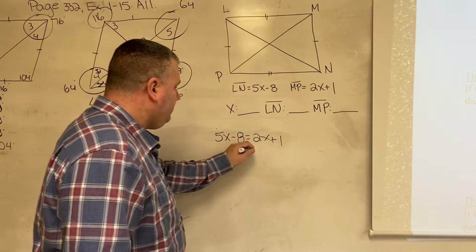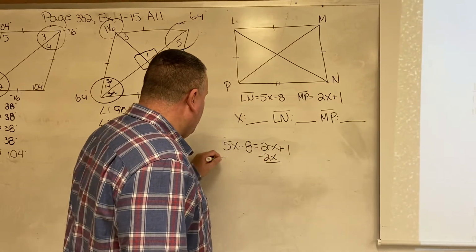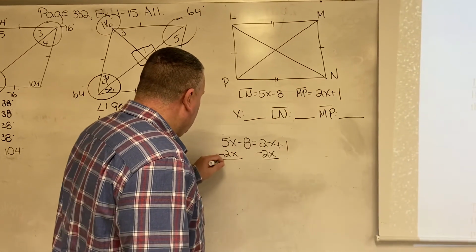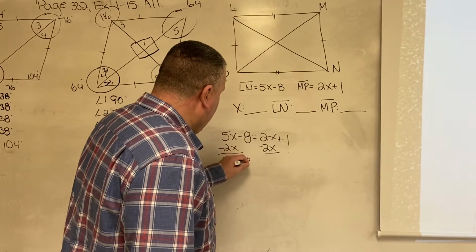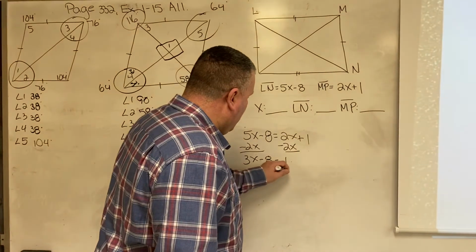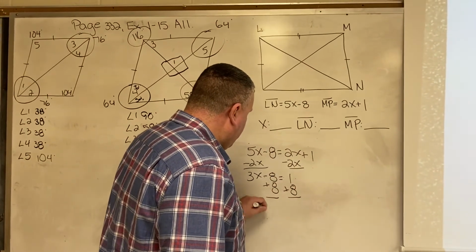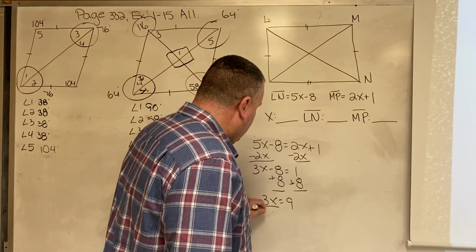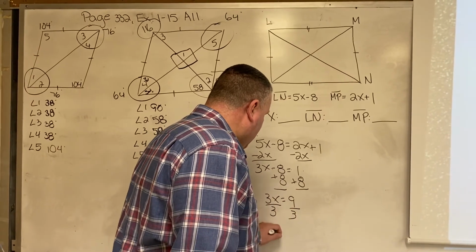I'm going to subtract 2x from both sides. So I have 3x minus 8 is equal to 1. I'm going to add 8 to both sides. 3x is equal to 9. Divide both sides by 3. X is equal to 3.